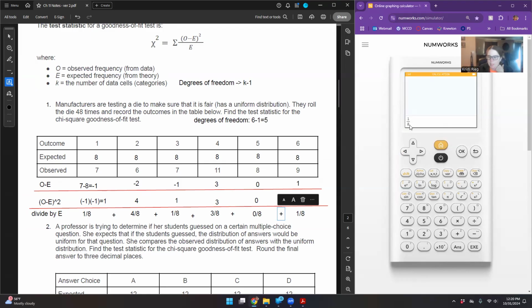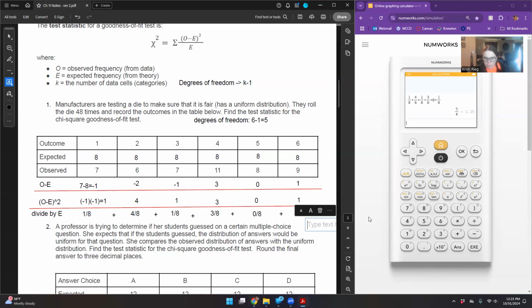And remember the blinker's down by the 8, so I have to hit over before I hit plus. 4 divided by 8 plus 1 divided by 8, 1 divided by 8, 3 divided by 8, 0 divided by 8, I know that's 0, so I'll just write 0, and 1 divided by 8, and I get a final answer of 1.25.